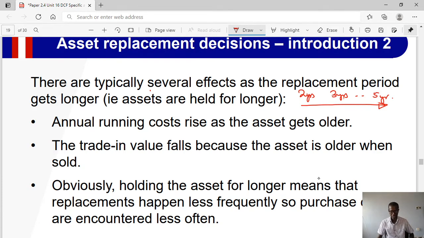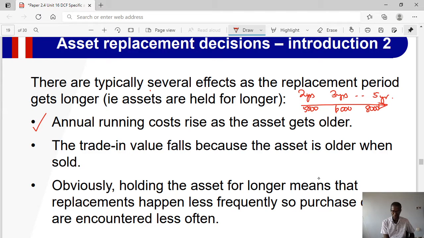The annual running cost rises as the asset gets older. So maybe the cost of running the asset will change from 5,000, as it gets older and needs more power, to 6,000, and even 8,000, and so on. The running cost will rise as the asset gets older.